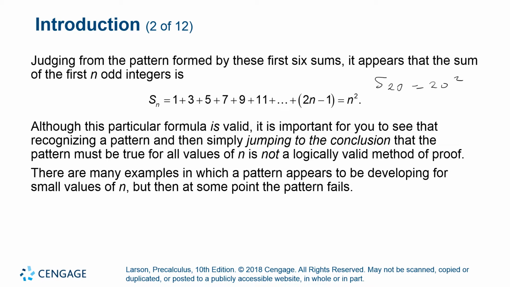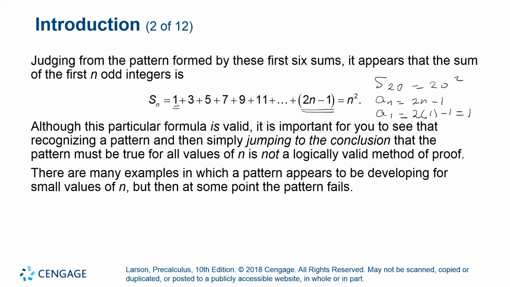Notice that 2n minus 1 is the an term of the sequence of odd numbers. So when n equals 1, we can say a1 equals 2 times 1 minus 1, that's going to give me 1, which refers back to the first term of the sequence.